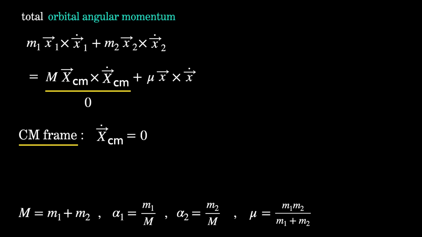This is possible because the cm velocity is constant, since we are assuming that the only forces present are those that are acting between the two particles.